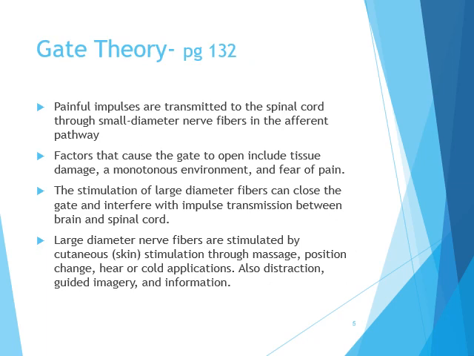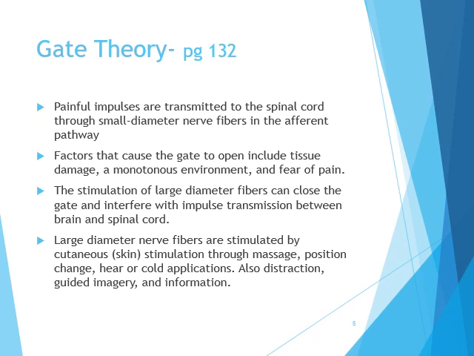So the gate theory, I think, is an amazing, amazing theory. It's on page 132, and there's a really good picture on page 133 of the different pathways, the afferent, efferent pathways, the ones going to the brain and the pathways coming from the brain, the small diameter and the large diameter pathways.